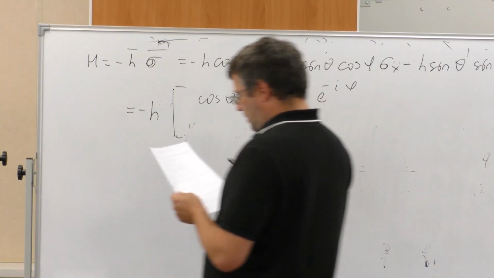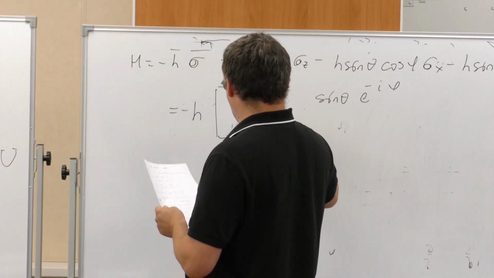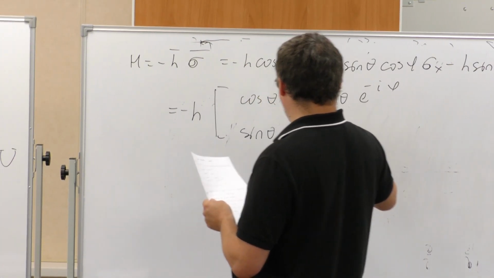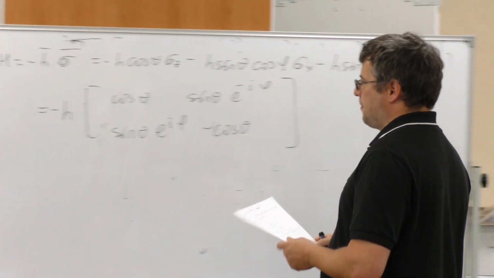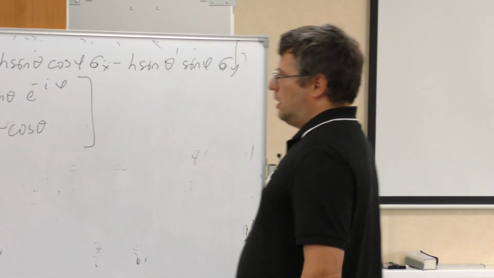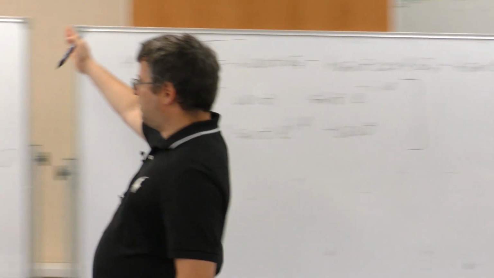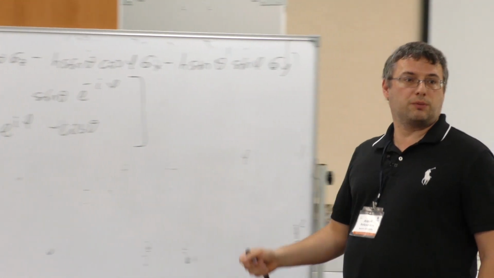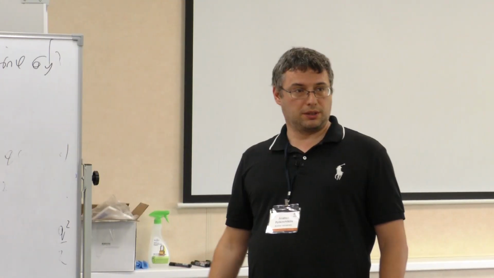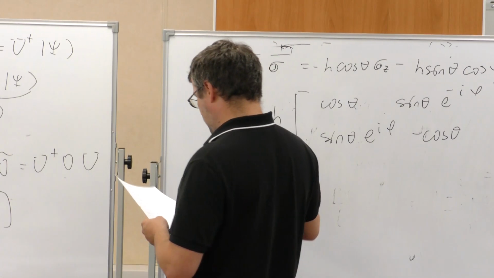I hope it's minus, but it could be plus. Now, so far this applies to any unitary, but as I already said, I will use the unitary which diagonalizes my Hamiltonian. And these transformations will be playing a very important role, at least in my talk.